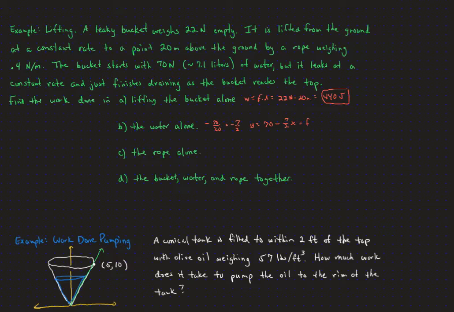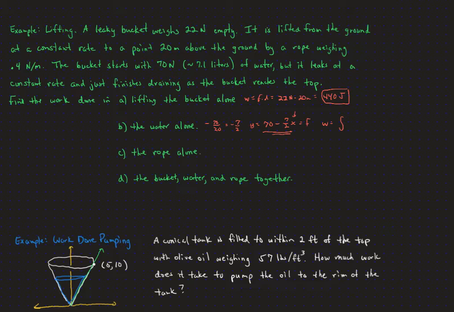So if we're going to find the work done, our work is going to be that integral, and I like to check this: when you plug in 0, we have not pulled that bucket at all, it's got all 70 newtons, and by the time we plug in 20, we'll have 70 minus 70, 0 newtons of water remaining.